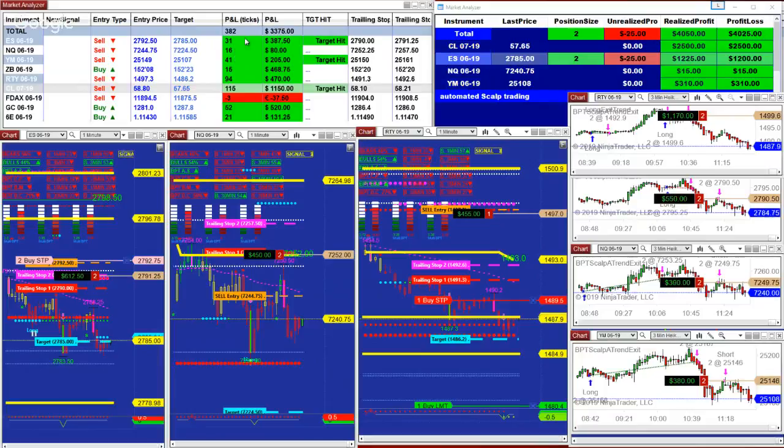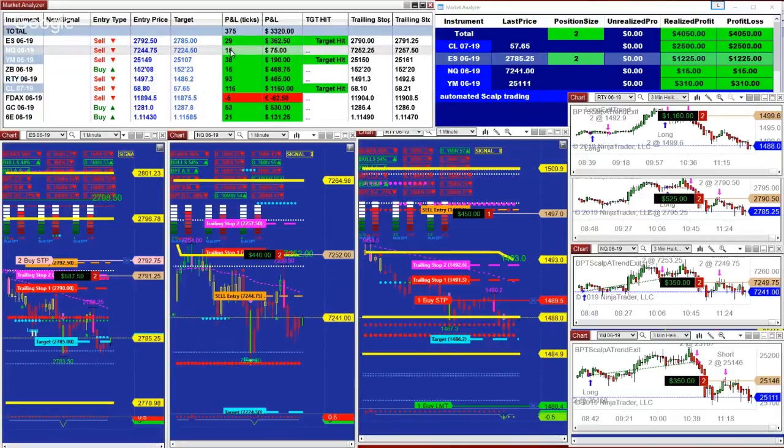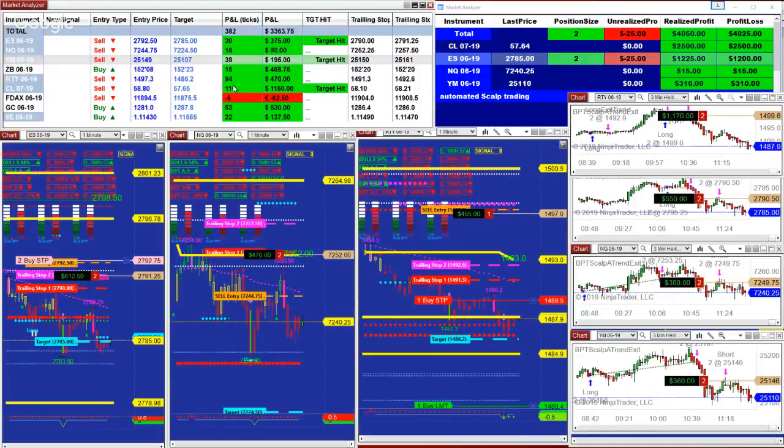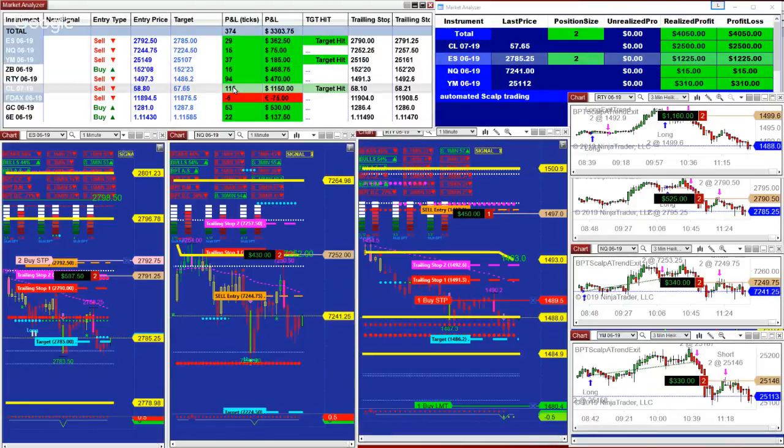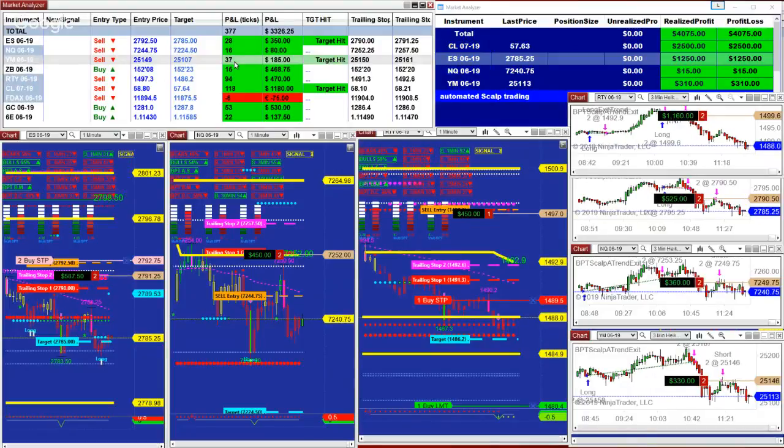We are at 382 ticks. If we take the gold and the futures, we stay on ES, Nasdaq, and Dow Jones. We have 29 ticks, 15 ticks, and 38 ticks. On the CL, 116 ticks. Russell, 93 ticks. Nobody is probably trading the 30-year Treasury bond.